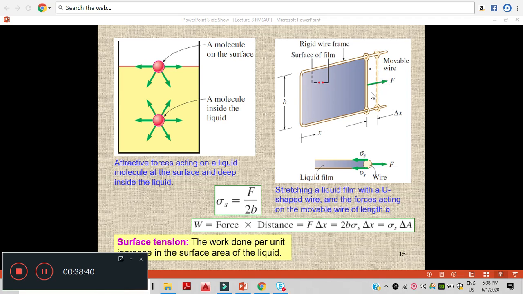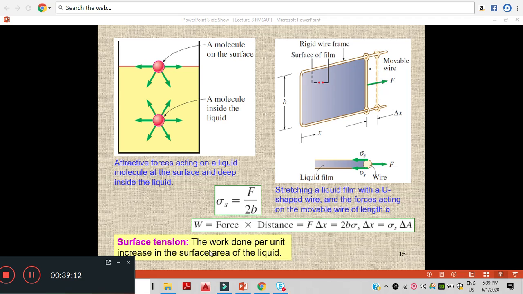The travel distance from here to here is delta x, so work is force into delta x. The force opposing the applied force is sigma S into 2b, so the work is sigma S into 2b into x. This equals sigma x into b, length into width, which is basically equal to area.